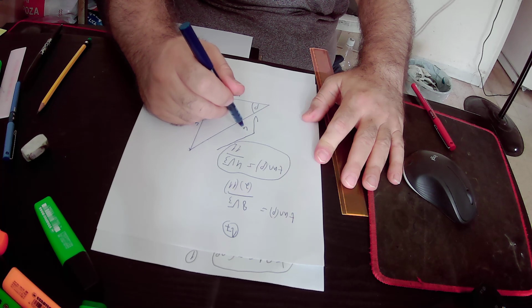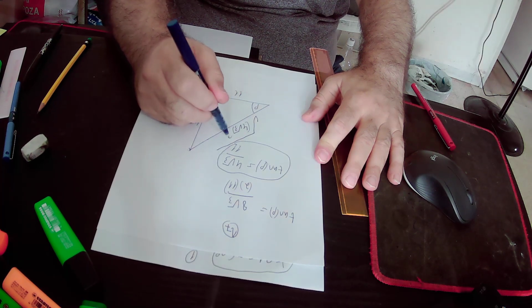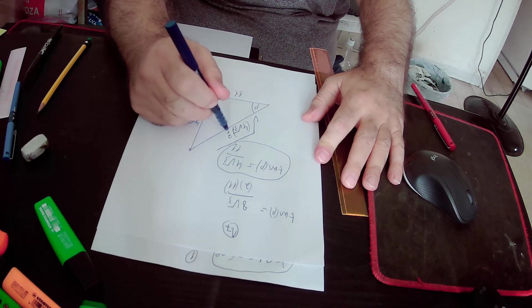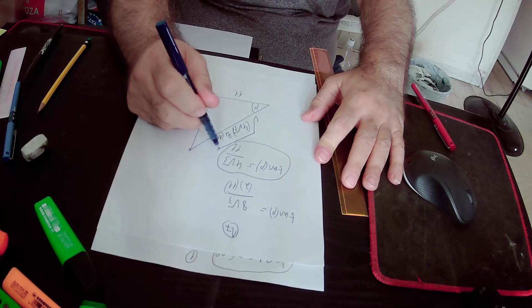4 times root 3 squared plus 11 squared. Okay?